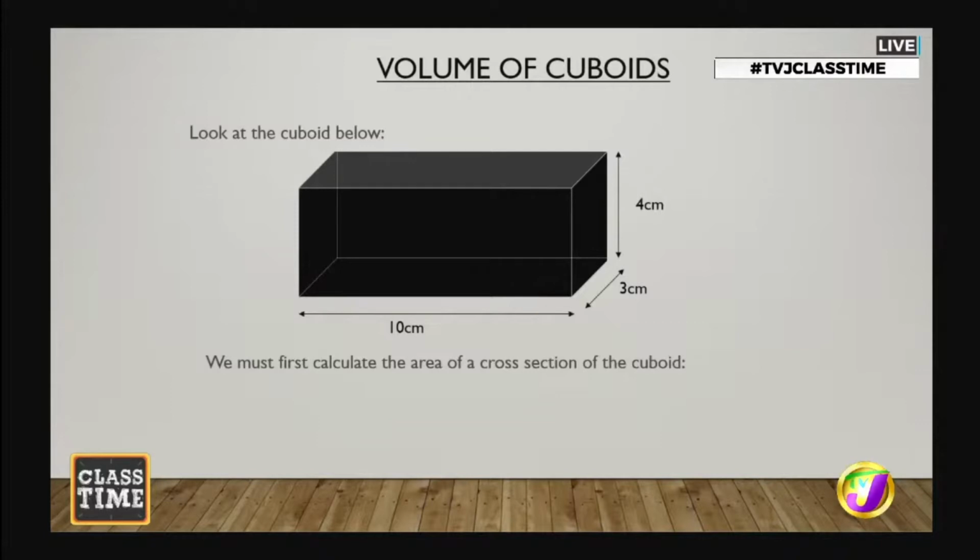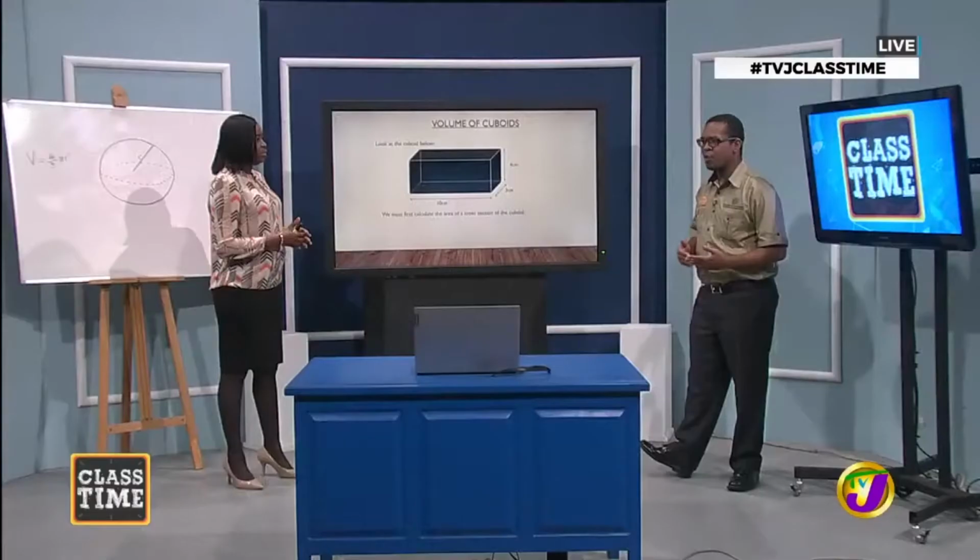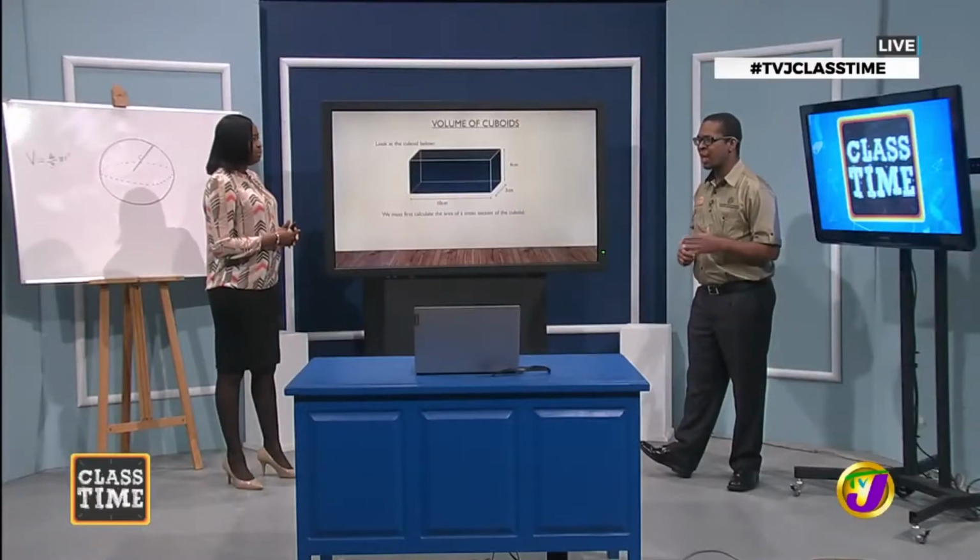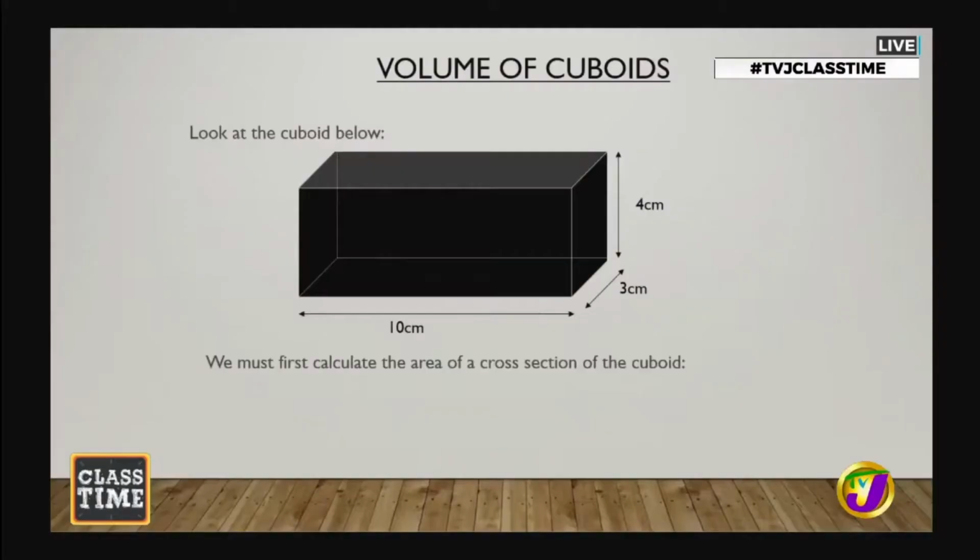As we said before, there are 3 possible regions we could use as a uniform cross-section. But I think we'll stick with the one that it's currently resting on, which is currently measuring 3 by 10 centimeters. So that would be our rectangle.